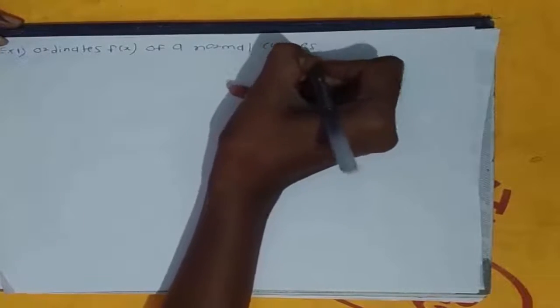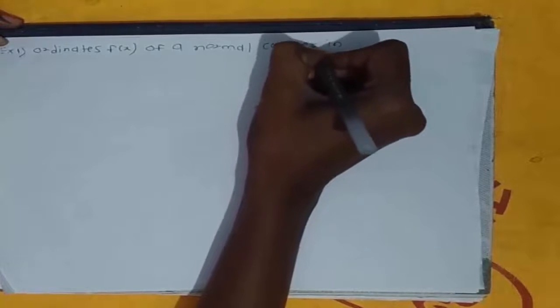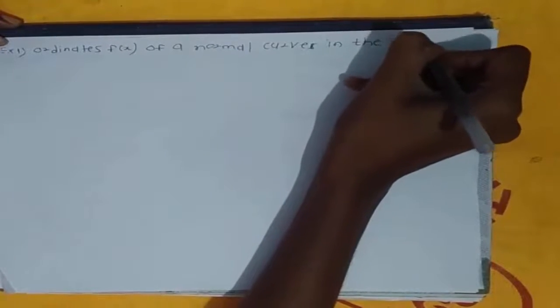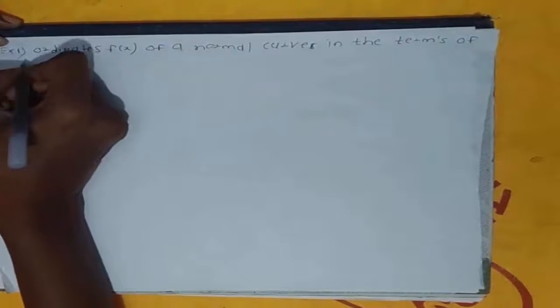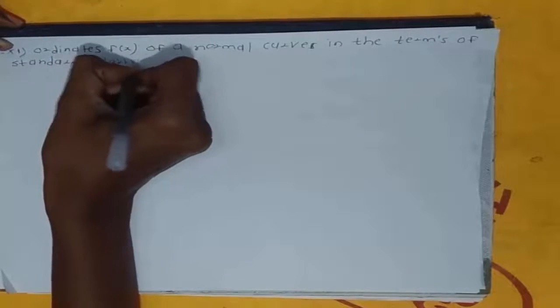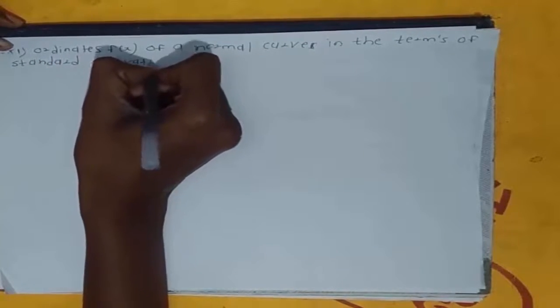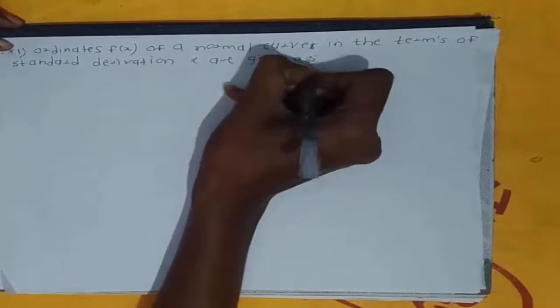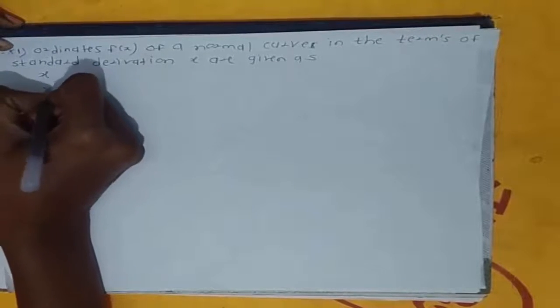The ordinates f of x of a normal curve in terms of standard derivation x are given in tabular form, x and y.